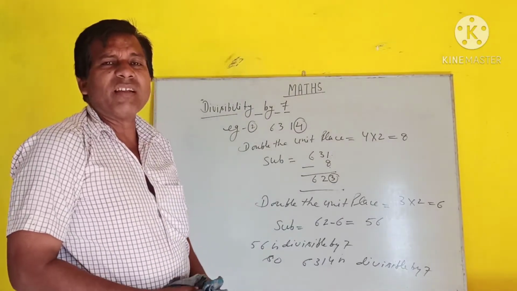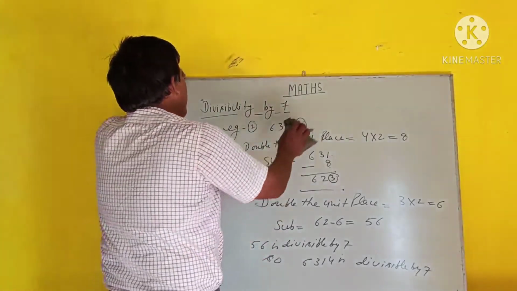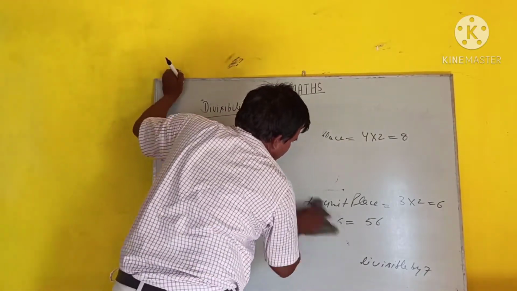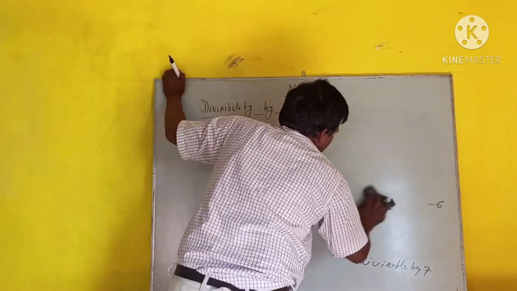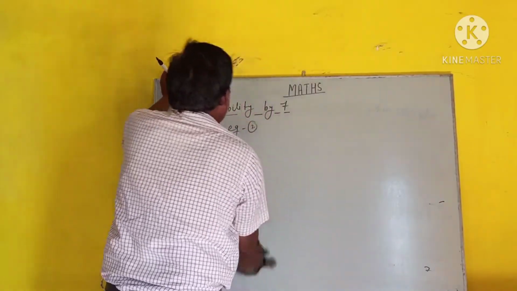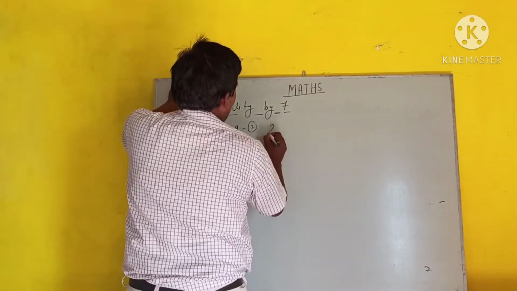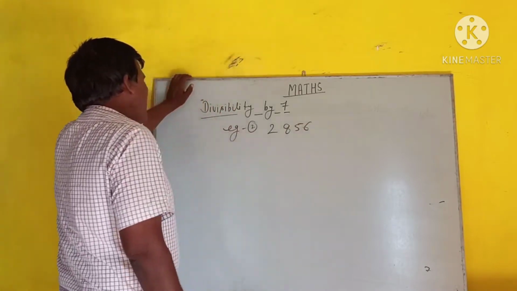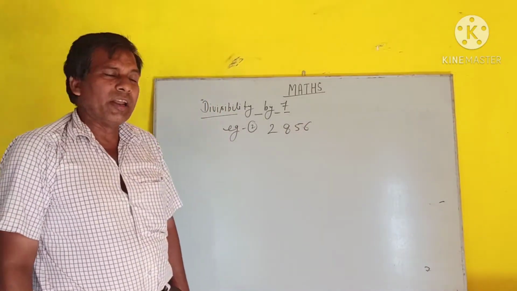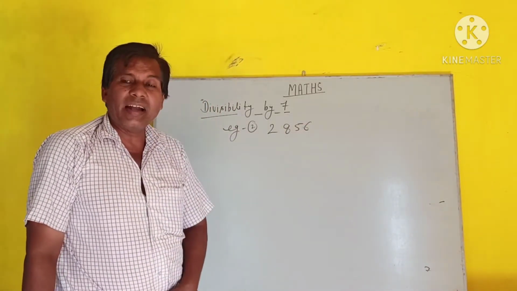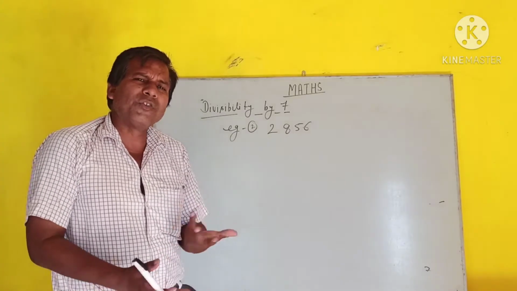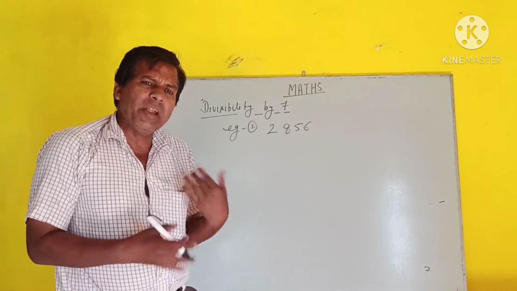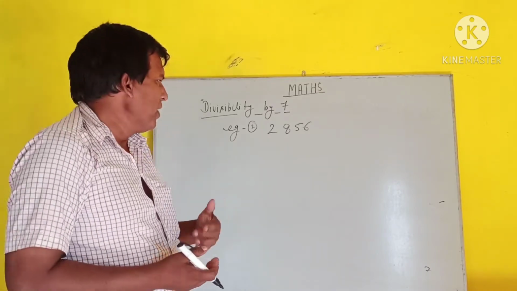I take another example, third. If there is written 2856, how you check that number is divisible by 7? Repeat it.